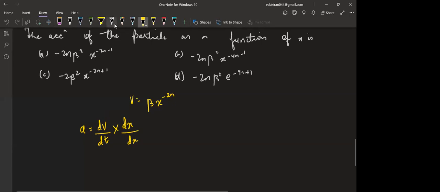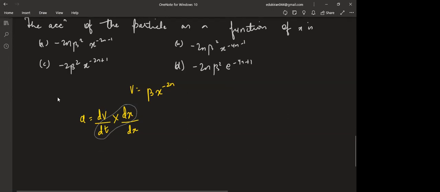See class, this quantity you all are aware of, dx over dt. What is this quantity? Dx over dt, which quantity is this? Velocity, right? So this is velocity. So it means acceleration can be written as v dv over dx.